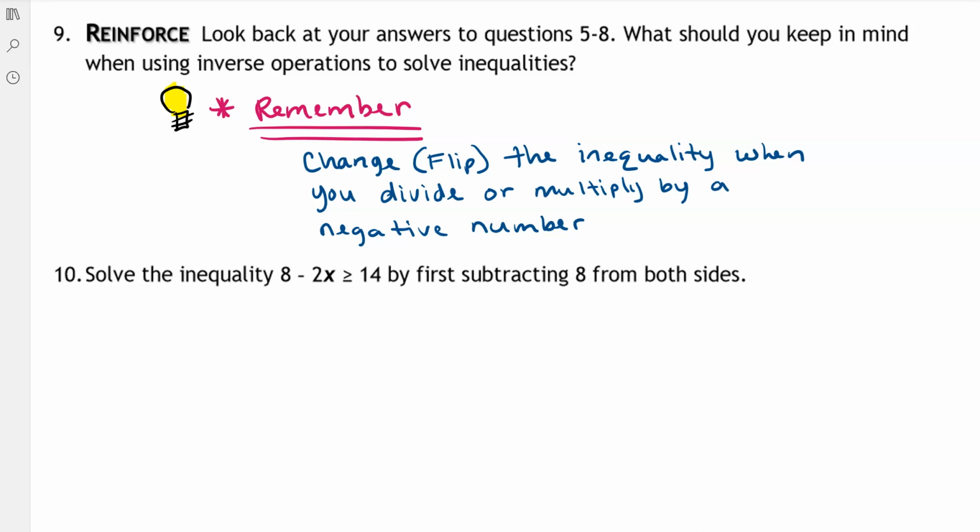So pause this video and make sure you write this down in your notes and highlight it. I don't know, whatever you do to make sure that you know that you need to do this every time you multiply or divide by a negative number.